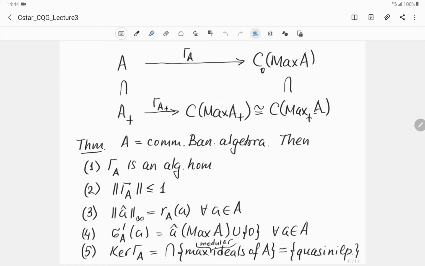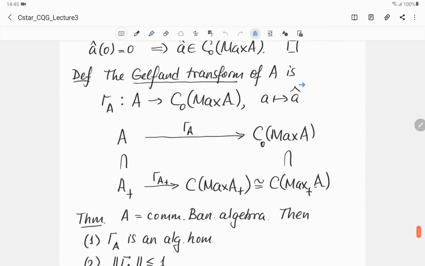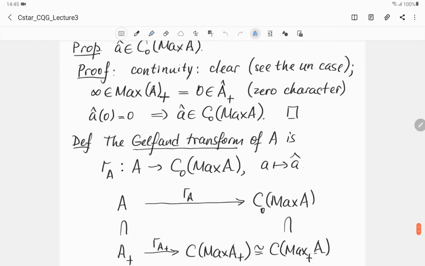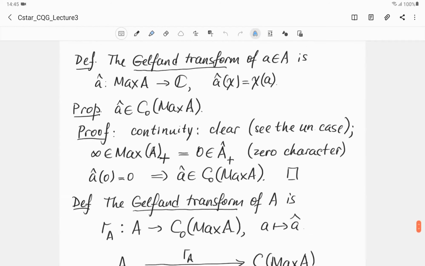If A is a commutative Banach algebra, then the Gelfand transform of A is defined in the following way. The function A hat is the function on the maximal spectrum, or equivalently on the character space of A. This function A hat is defined by this simple formula.